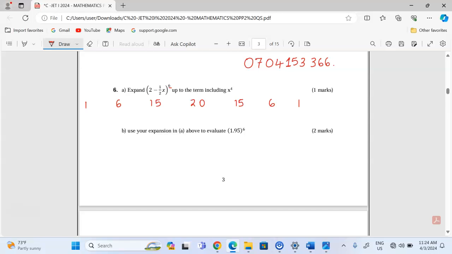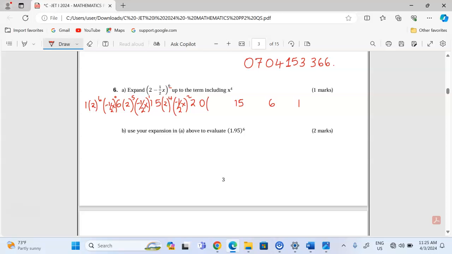Now we can start expanding the binomials above, whereby 2 starts with power 6, then negative half x power 0. In the next term, 2 will have decreasing powers, so it goes to 5, but negative half x will have increasing powers. So negative half x now takes power 1. Then in the next term, we shall have 2 taking up power 4 and negative half x taking up power 2.